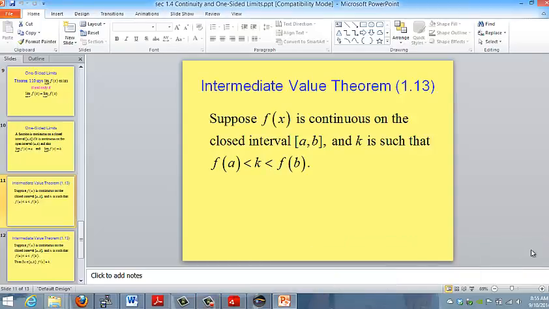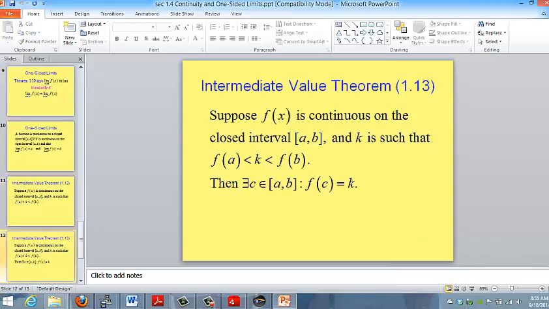Here it is, guys. I used my backwards E for there exists, just for shorthand. Then there exists, what's that say? Some number, c. Where does c live? Well, somewhere on the closed interval a, b.